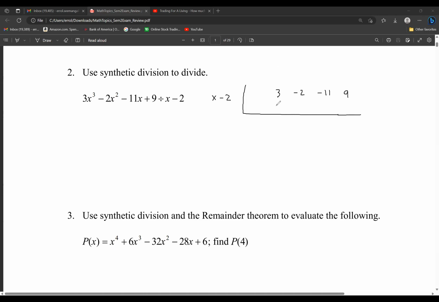Use synthetic division to divide. All right, so x minus 2 on the front. So this is x to the power of 1, but this is x to the power of 3, right? This one here is the coefficient of the x cubed, right? All right, so what should we write there?